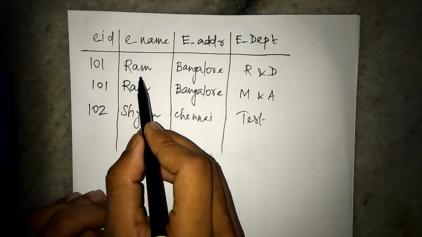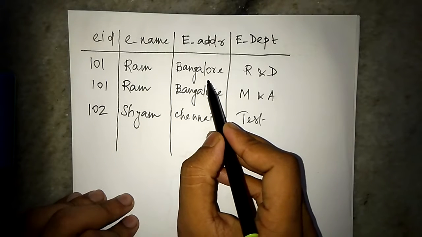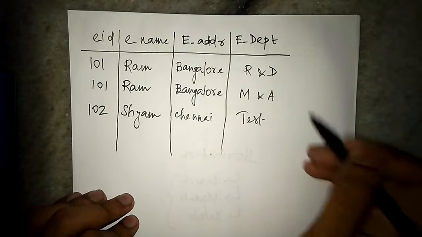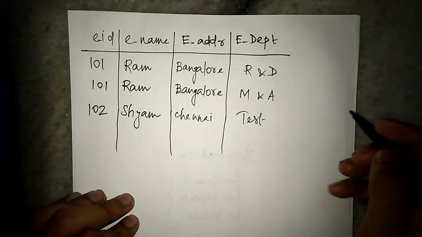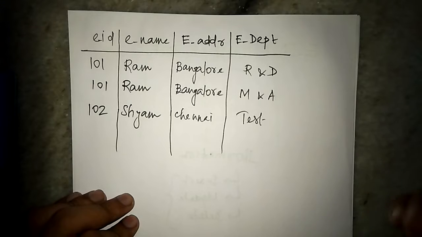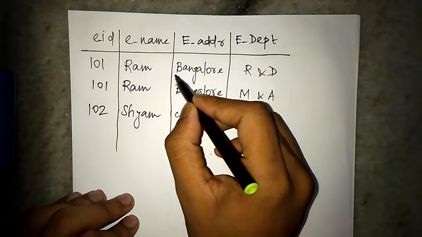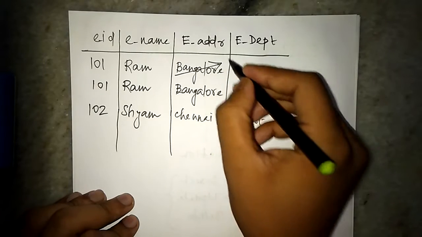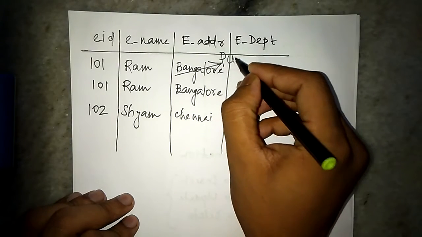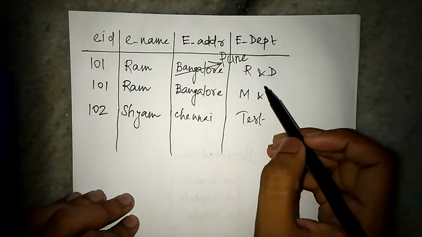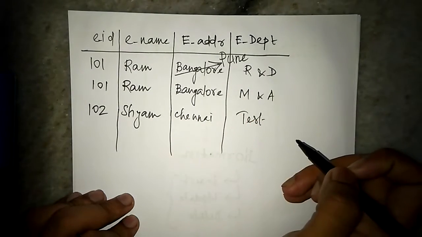His name is Ram, he resides in Bangalore, and his employee department is research and development. Now let's consider a situation that the address of Ram is changed from Bangalore to Pune. So we have changed his address from Bangalore to Pune.